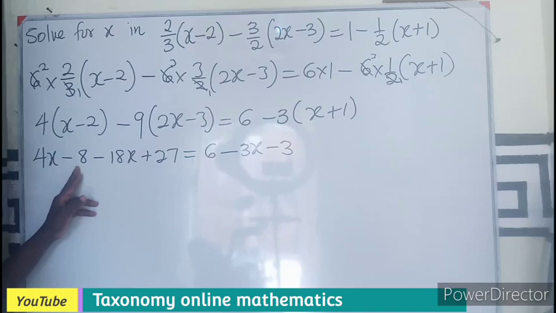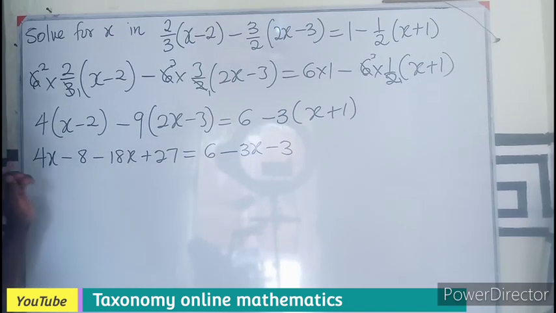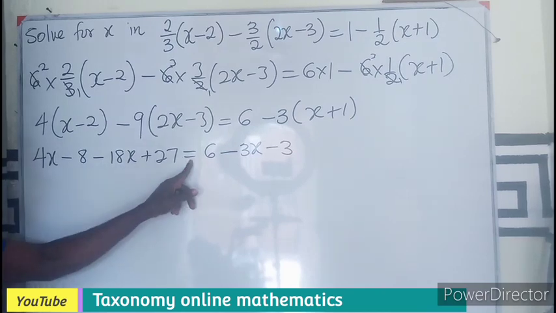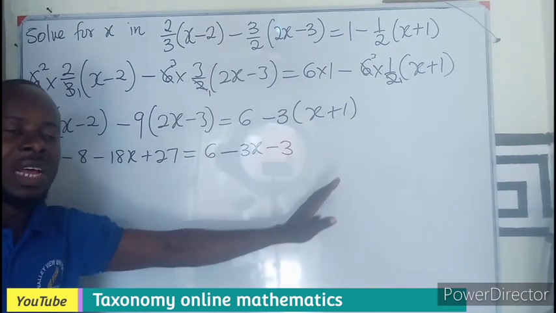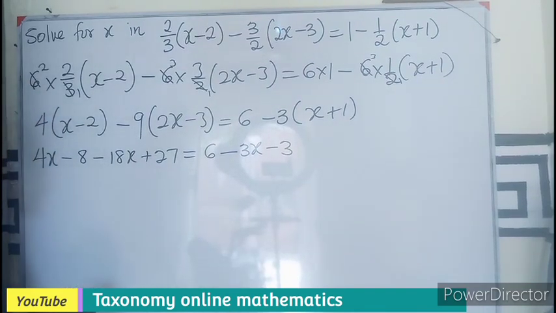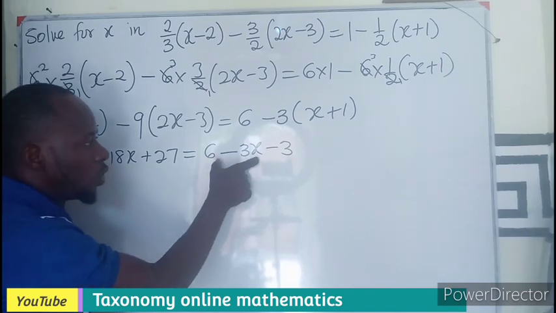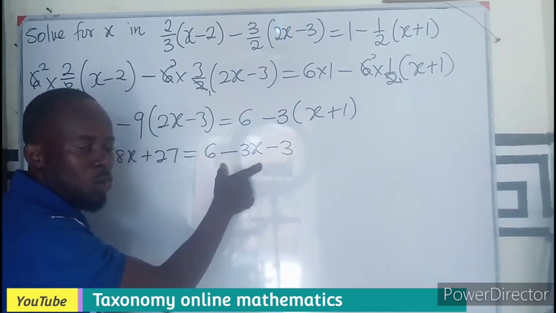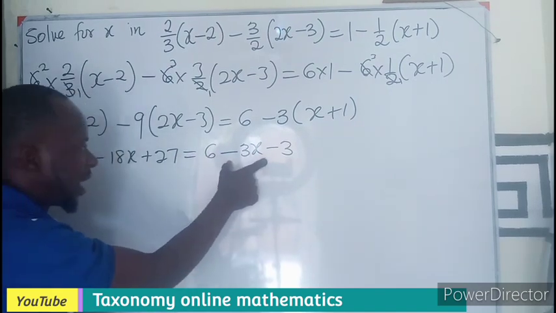So all parentheses are dealt with, and I'm left with variables and constants. What we do is make sure all the variables come to one side, preferably the left hand side of the equal sign, and all the constants go to the right hand side. The best way to do it is to use the opposite sign. I need to move minus 3 from here, so I'll add 3 to both the left and the right, so that it will move here and come here.